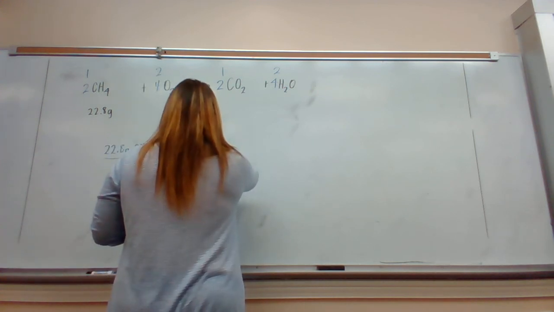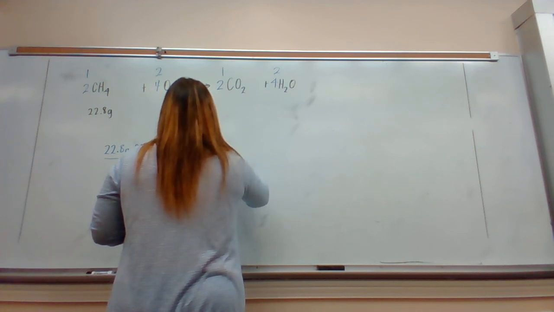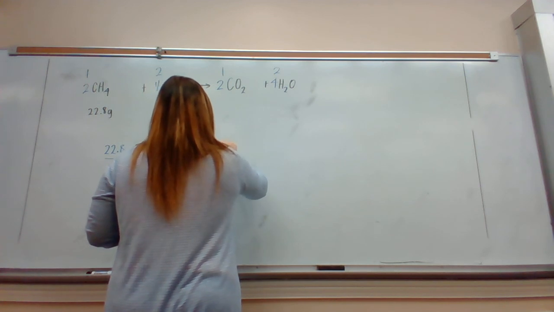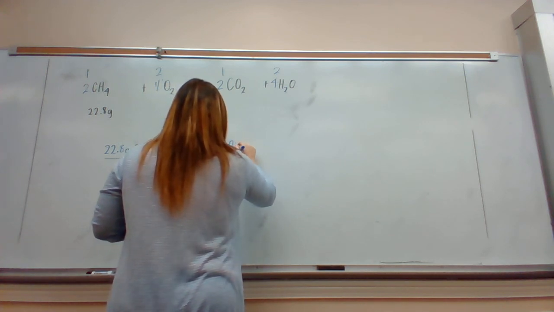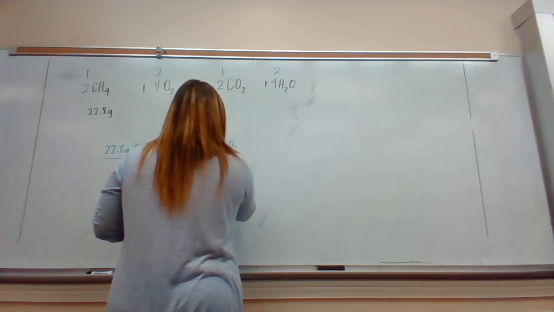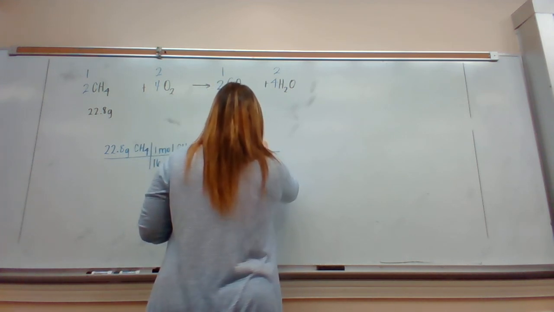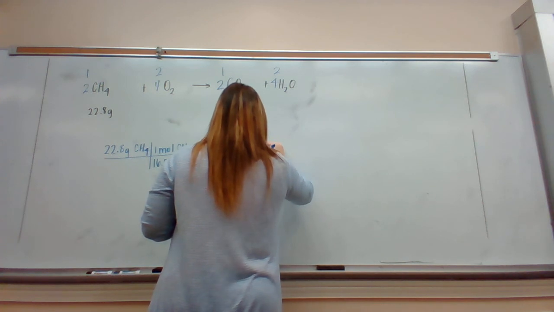Then use the mole to mole ratio. I can do 1 mole of CH4 to 2 moles of O2. O2's molar mass would be 32 grams.